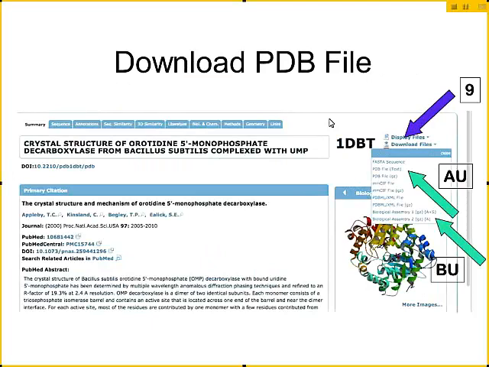You can toggle back and forth for 1dBt. Now when you're downloading the PDB file, you can just go to rcsb.org. You can click on download, and you have these options. If you just download the PDB file, either text or compressed, gzipped, you're downloading the asymmetric unit.